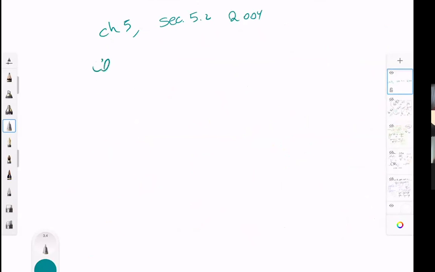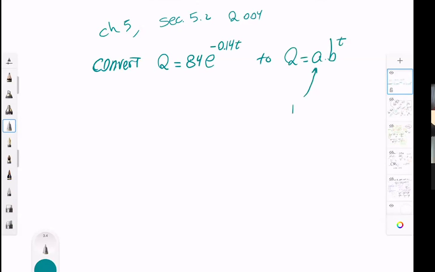They're saying convert Q equal to 84 e to the power negative 0.14t to Q equal to A b to the power of t. That means we need to solve for A and we need to solve for B. Correct, Lucas?